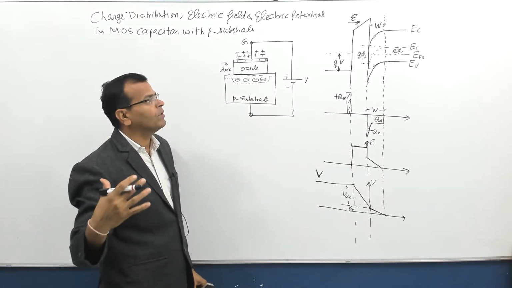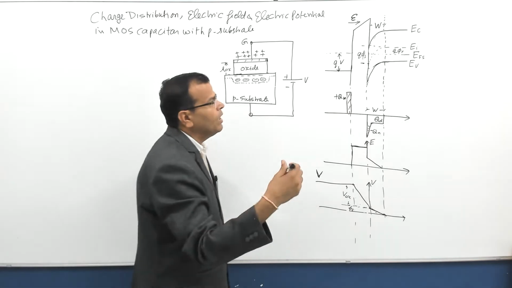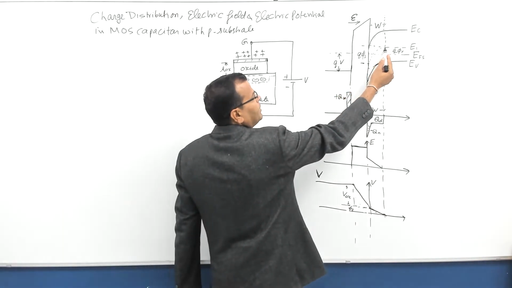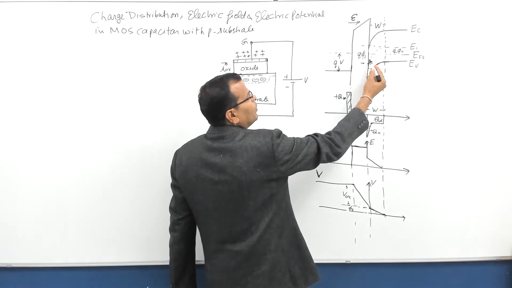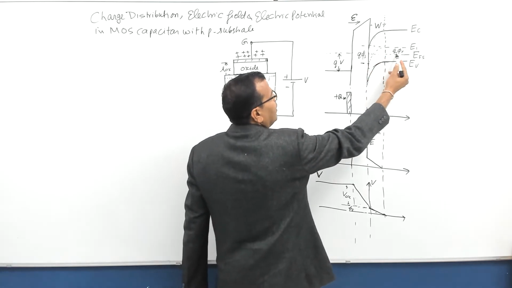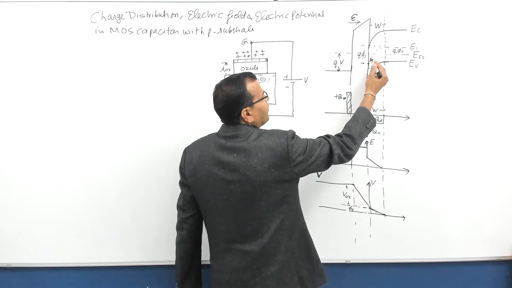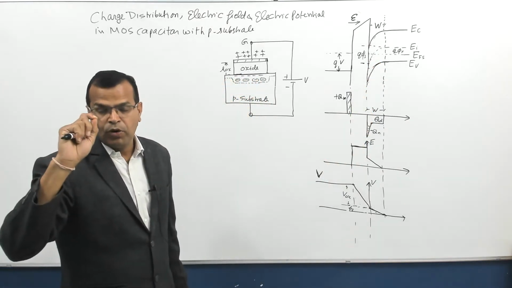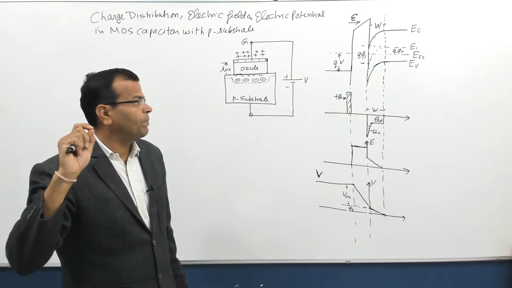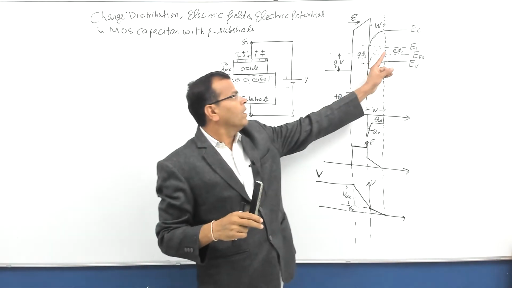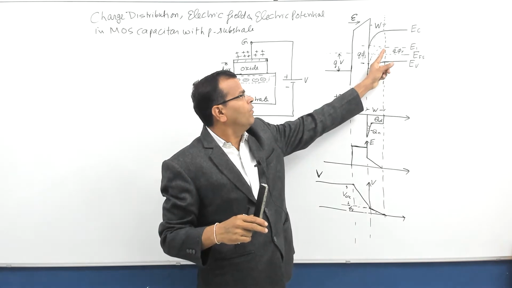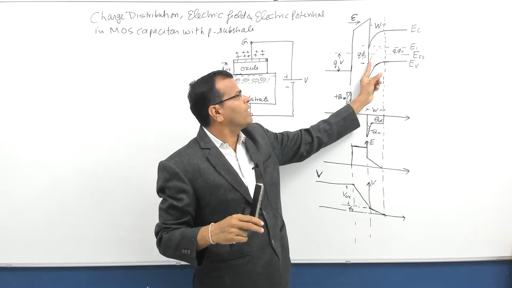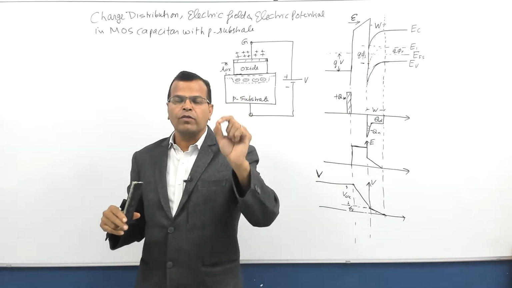What is the meaning of the operation of device in inversion mode? Please try to recall the energy band diagram. When the intrinsic Fermi level falls below the actual Fermi level at the boundary of the interface, the mode of operation is called inversion mode. I repeat, when the intrinsic Fermi level falls below the actual Fermi level at the boundary, that mode of operation is called inversion mode.